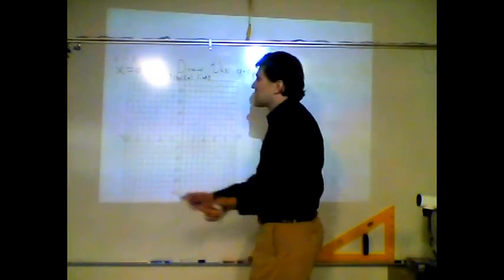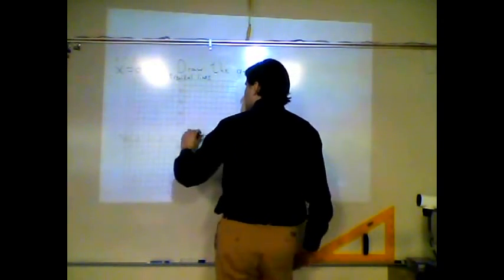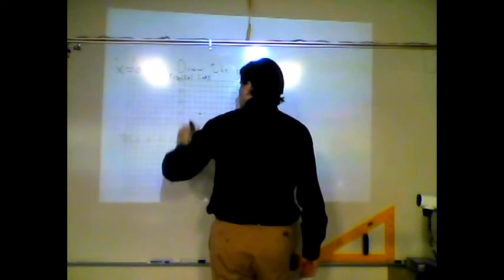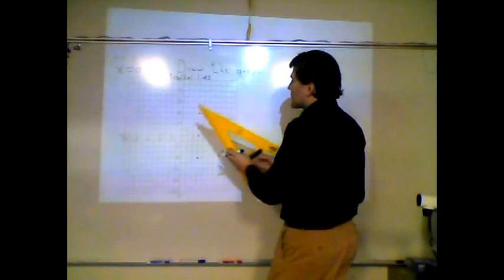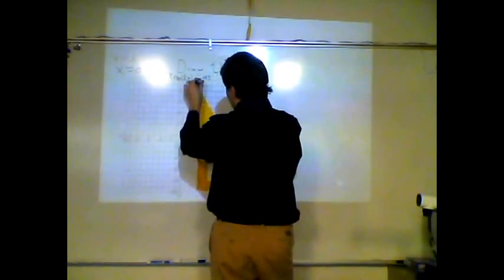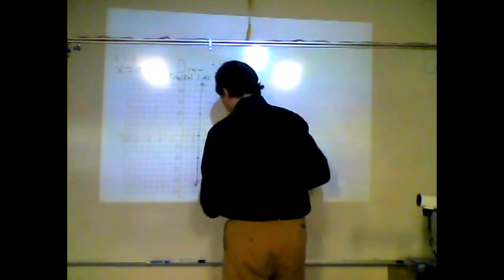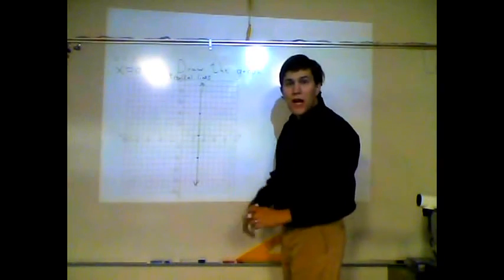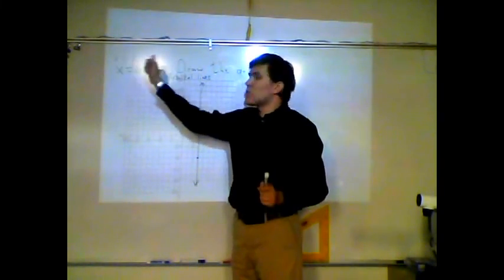So this tells us that we're going to have a vertical line at x equals 3. Going to draw this in by plotting a couple of points and connecting them with a straight edge. There is our vertical line, which is the graph of the equation x equals 3.